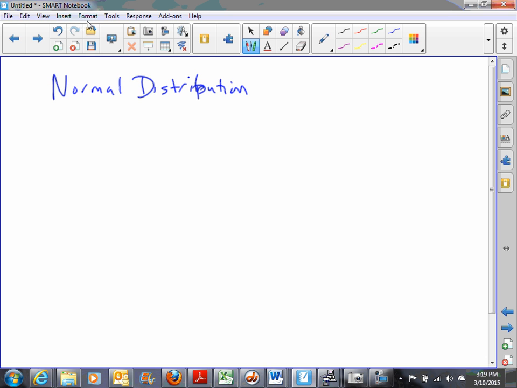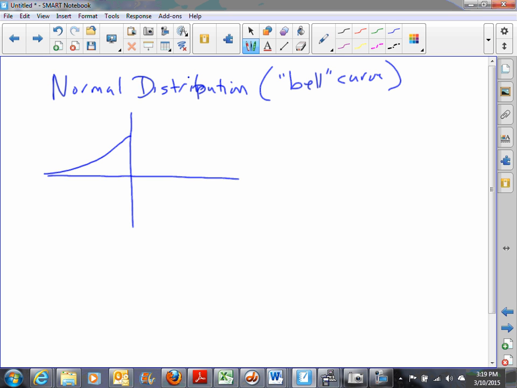Now, the normal distribution has been called the bell curve. The graph of the normal distribution looks something like this. And the reason it's called a bell curve is because, to some extent, maybe, it looks like a bell.